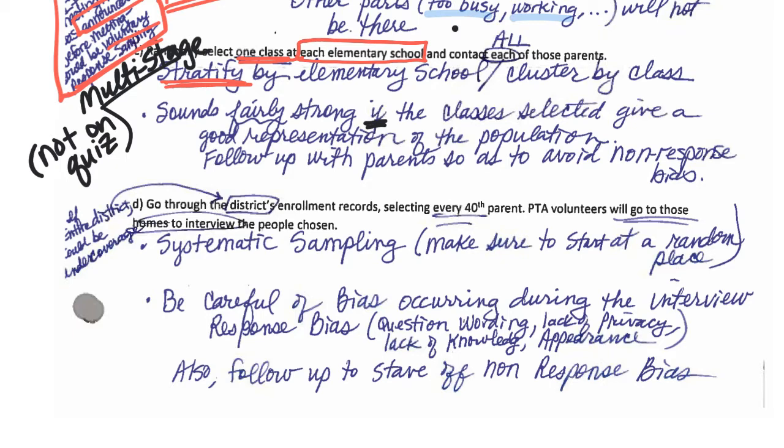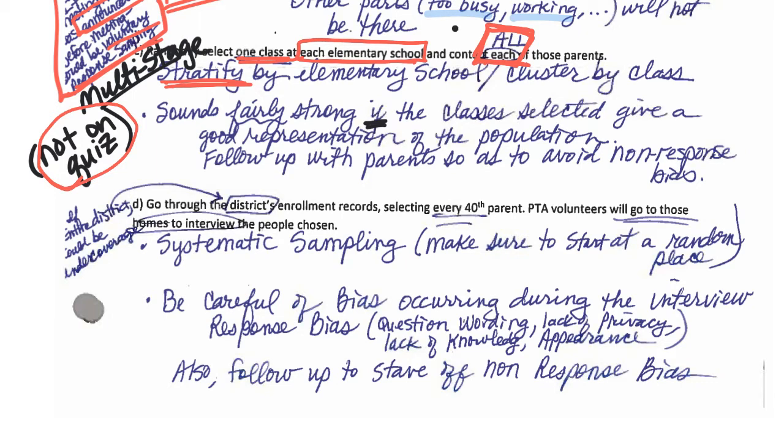So we stratified by elementary school. But this will not show up on the quiz. I will not put a multi-stage one on the quiz, but this is an example of multi-stage, because when they have the strata and they take every single one of the strata, instead of just picking some of that strata, they pick all of those parents in each one of those classes.